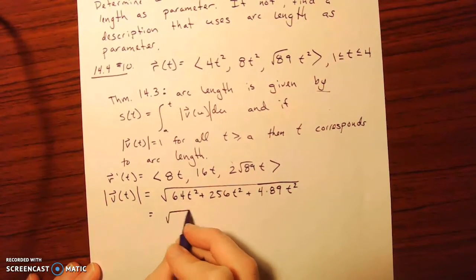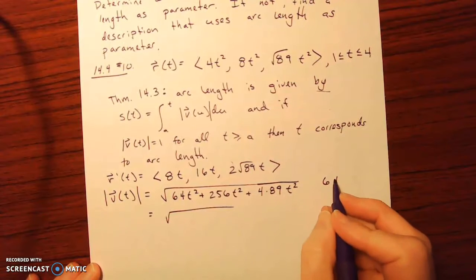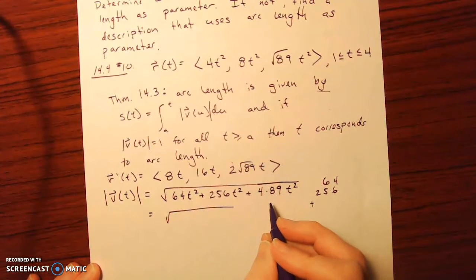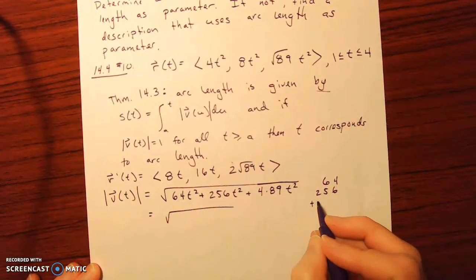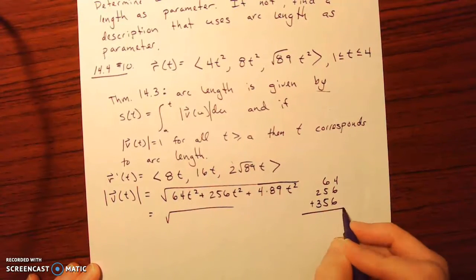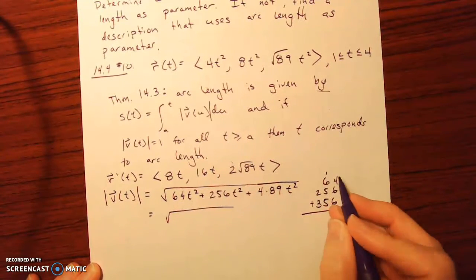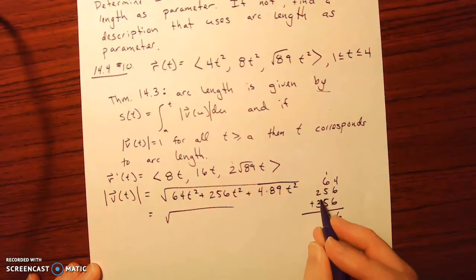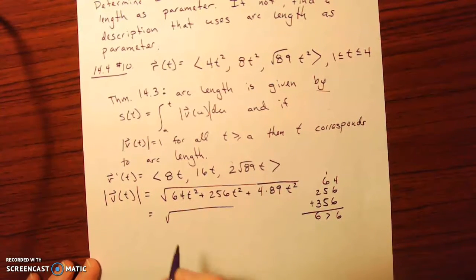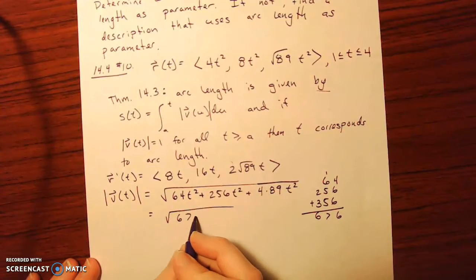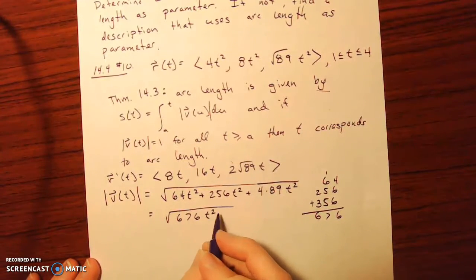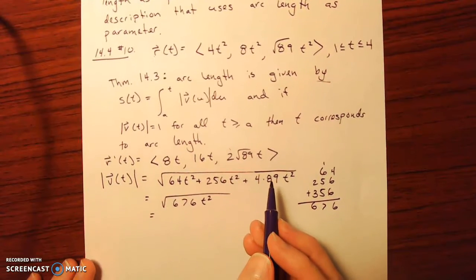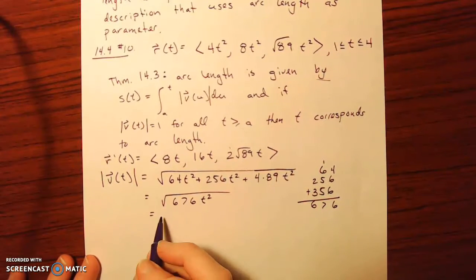Let's simplify that. I'd add 64 plus 256 plus 4 times 89. Okay, and let's see what we got. We get the square root of 676 t squared. And remember, t was between 1 and 4, so t is positive.